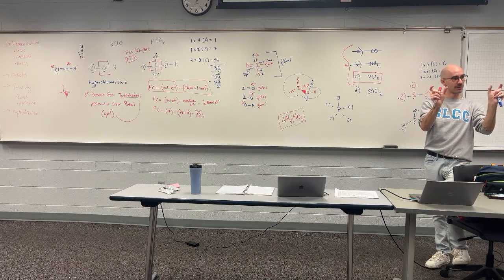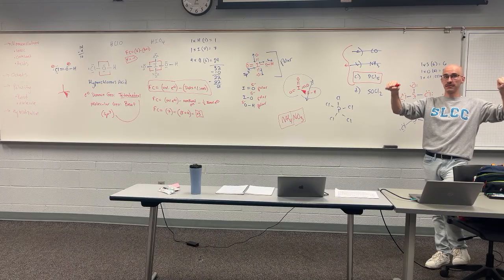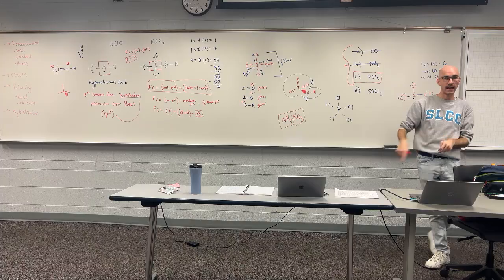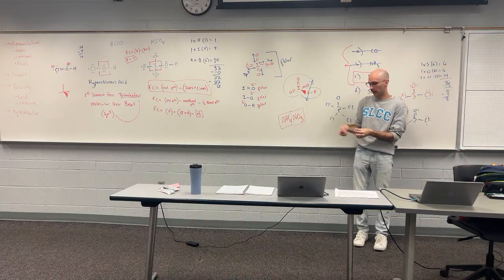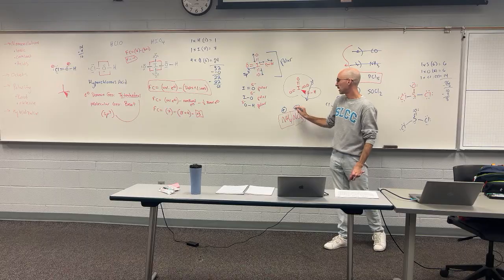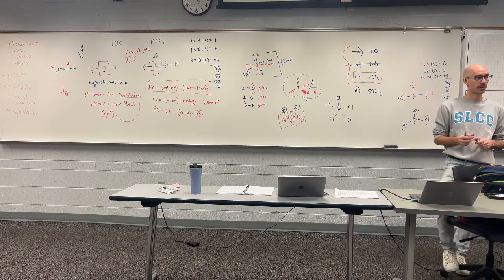Those are not going to count as individual covalent compounds. They count as discrete ionic species. Cation, anion. And NH4 is 1 plus, NO3 is 1 minus. You have to be able to recognize that.